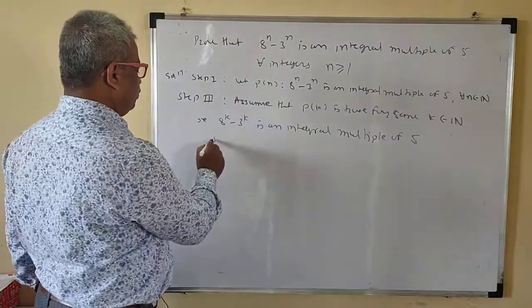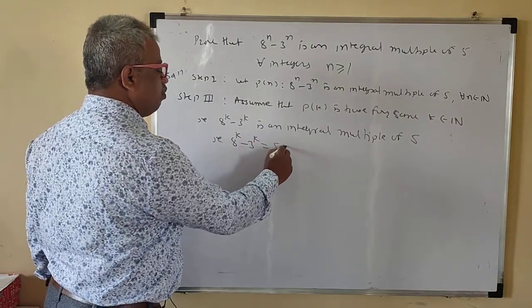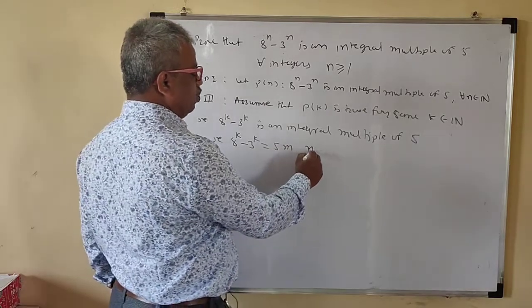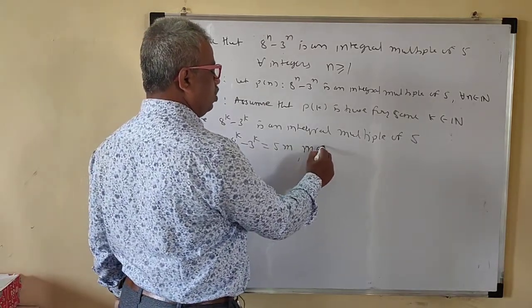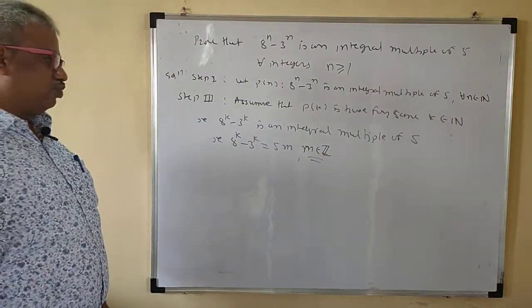That is, 8 raised to k minus 3 raised to k equals 5 times m, where m belongs to Z. This is very important. You must write this, m belongs to Z.